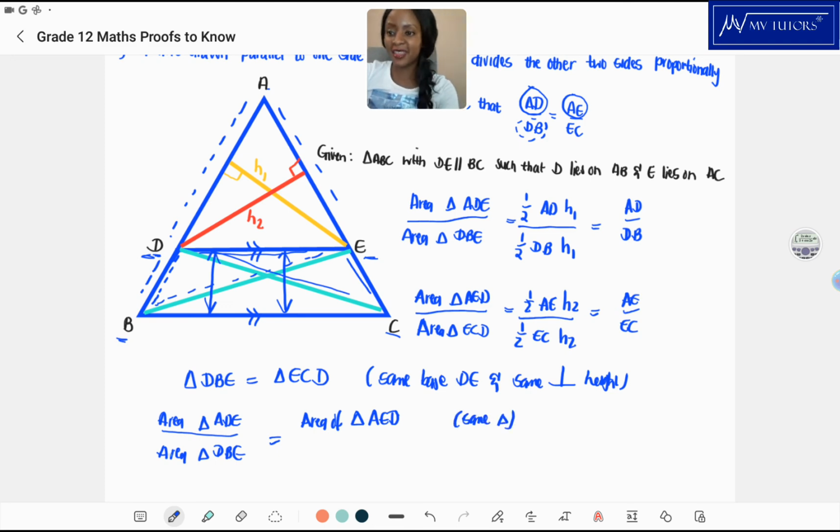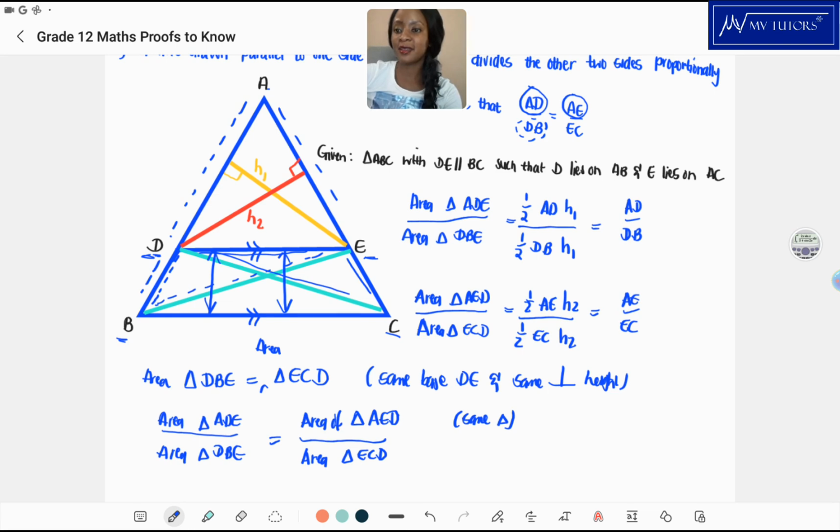Okay, and then I've just proved that the area of triangle DBE is actually equal to the area, oh, I forgot to put areas here, area as well as area. Well, it's equal to the area of triangle ECD.